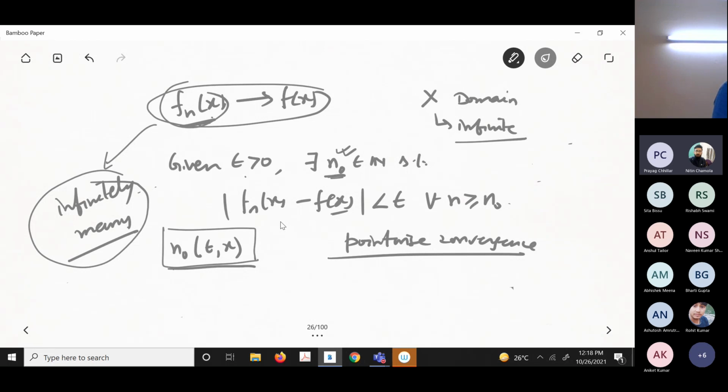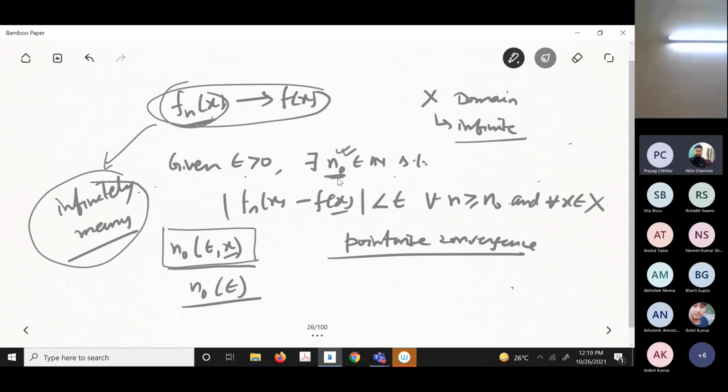Okay. Now suppose I have a situation where n naught depends only on epsilon. If you have this, then it will mean: given epsilon greater than 0, there exists n naught such that for all n greater than or equal to n naught, and it won't depend on x, for all x belonging to X. Suppose this n naught doesn't depend on x.